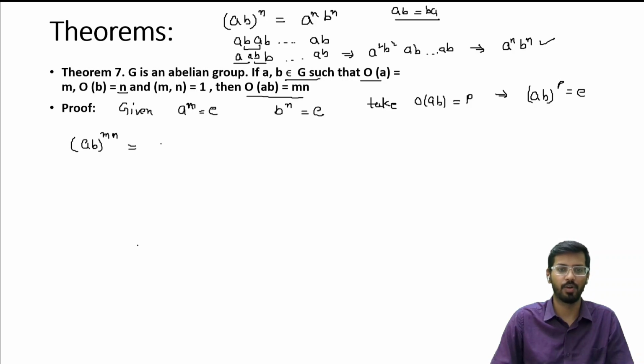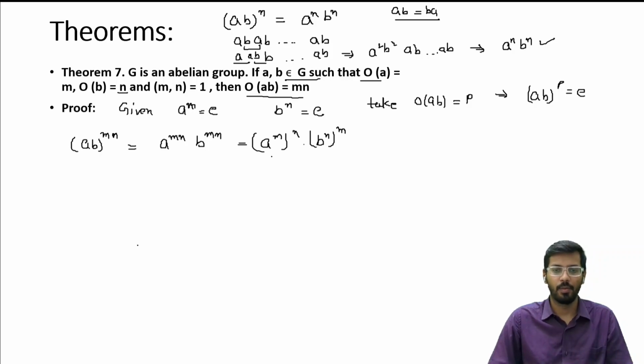(ab)^mn is equal to a^mn b^mn. That is equal to (a^m)^n times (b^n)^m, and that is the identity element from equation 1, and from equation 2 we can say that is the identity element.